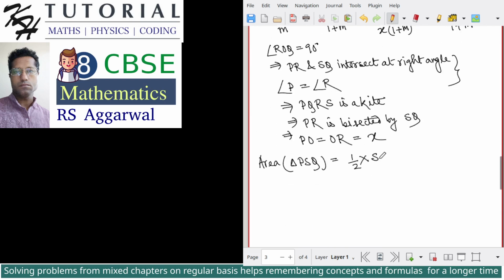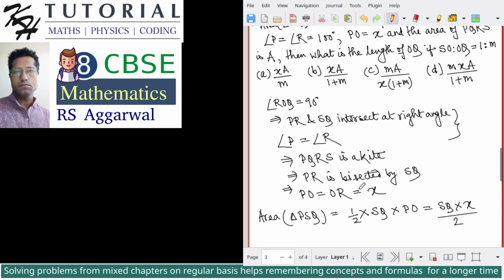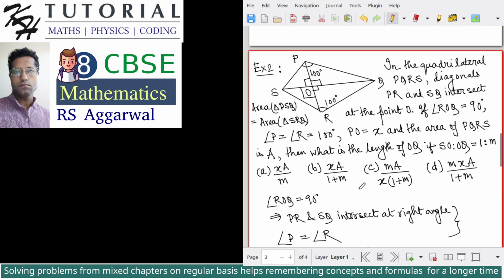It will be half multiplied by SQ multiplied by PO, which is SQ multiplied by X divided by 2. The area of PQRS is given as capital A, that is, the area of the entire kite is given as capital A.